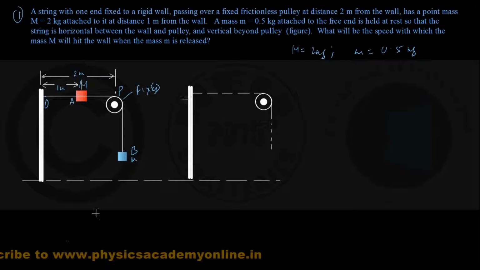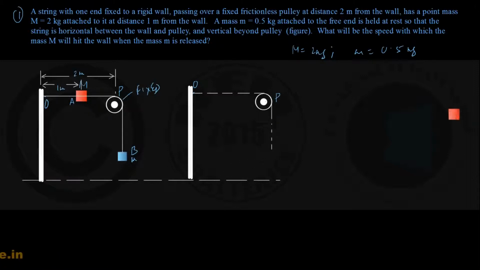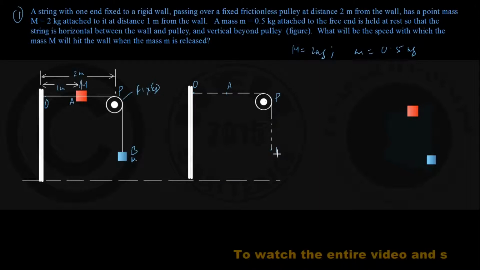As you can understand, this is the point of attachment O that remains fixed. This is the pulley that's also fixed. And initially, my two blocks were at the positions A and B respectively. Initially, it's here, the larger block in red color, and this is the position B of the smaller block in blue color.